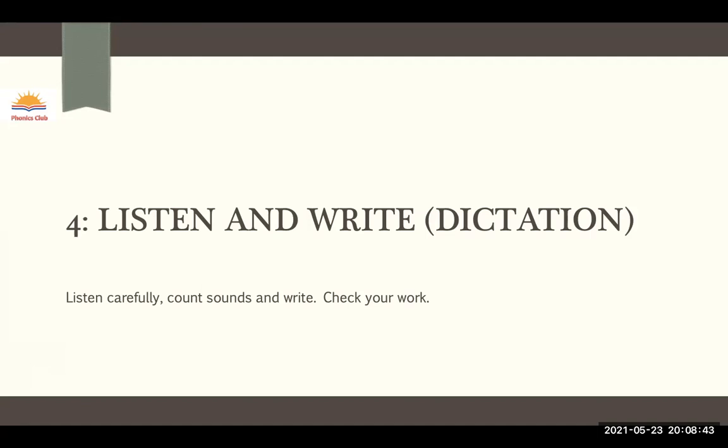Don't forget to make sound buttons under your words. Your last word is nutmeg. It's a compound word, nutmeg. N-U-T-M-E-G. Nutmeg. 6 letters and 6 sounds.